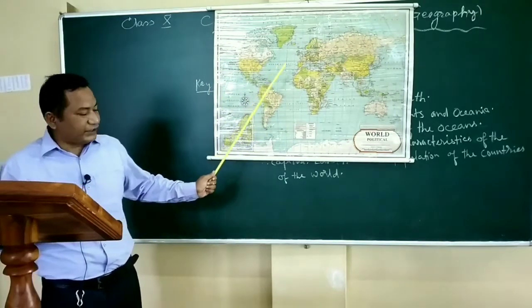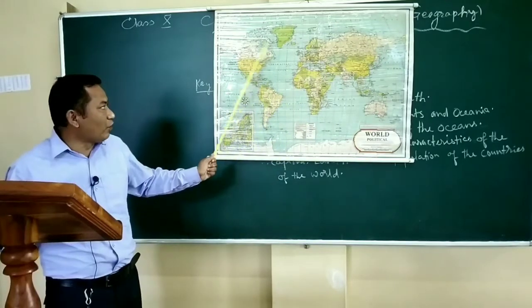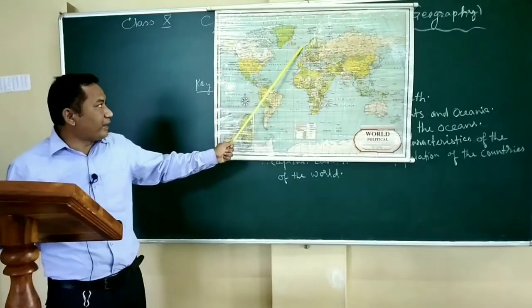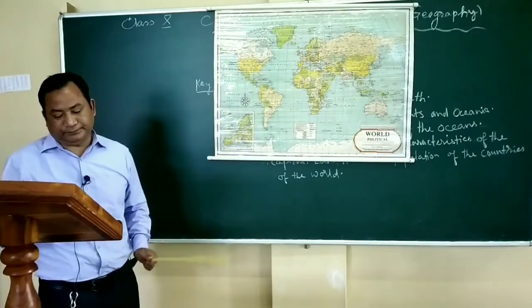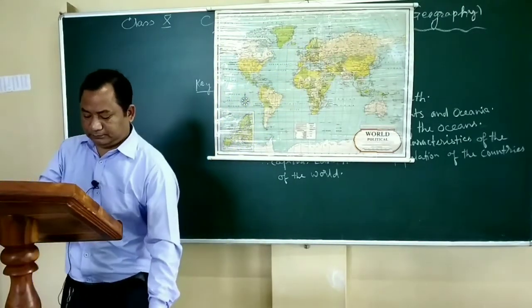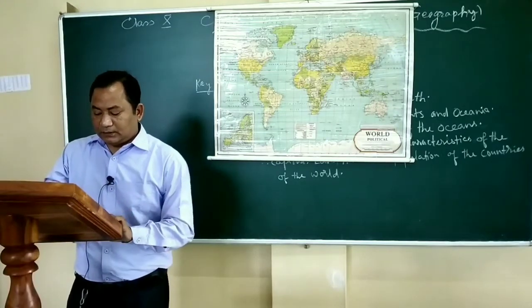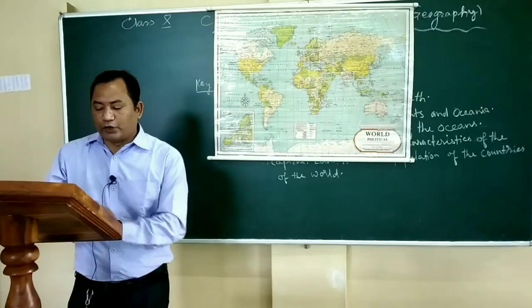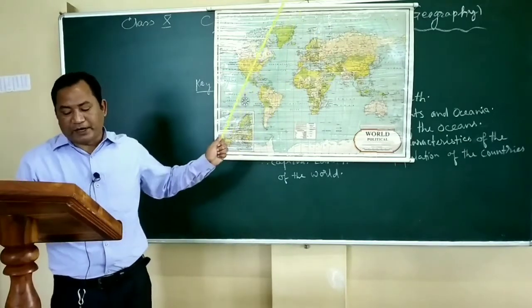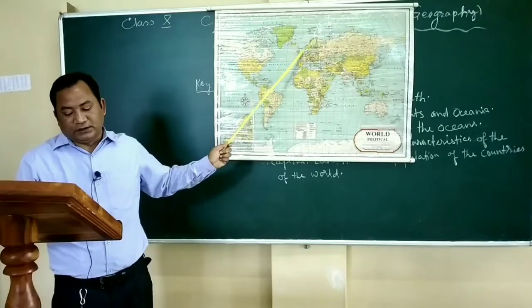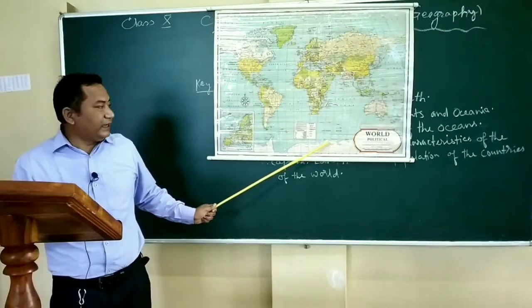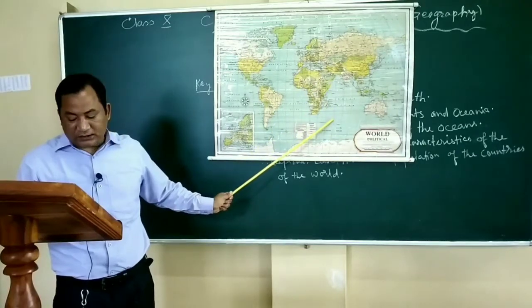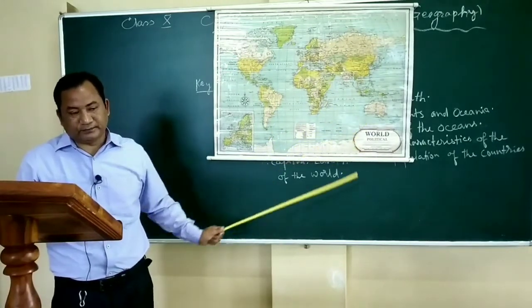The Atlantic Ocean is located between North America and South America, Europe, and Africa. The Arctic is on the north of North America, Europe and Asia. The Southern Ocean is on the south of South America, Africa and Oceania.